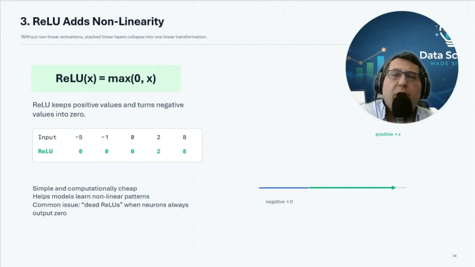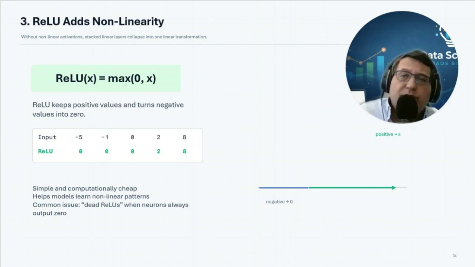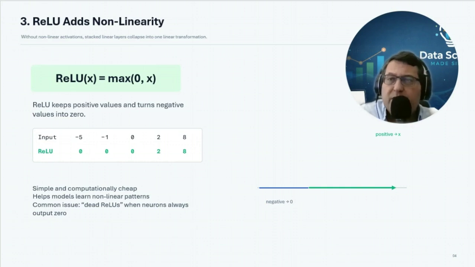However, ReLU does have some limitations. One famous issue is known as the dying ReLU problem. If a neuron consistently receives negative inputs, ReLU always outputs 0. Its gradient in that region can also remain 0, meaning that neuron may effectively stop contributing to learning.